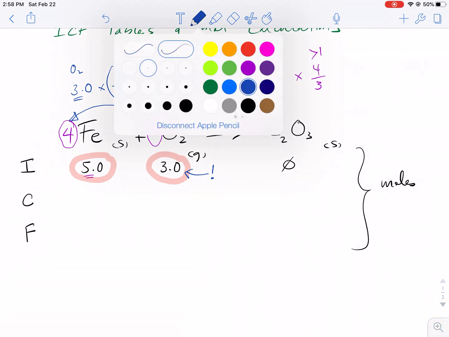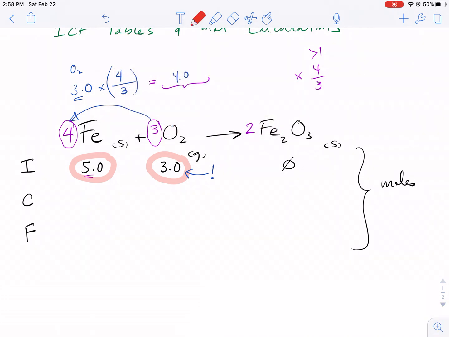So now I can start to fill out my table. Your change line, since oxygen is limiting now, and you have more than enough iron, you need 4 moles of iron, and you have 5 moles, so you have more than enough. So put a -3, because the change line, as I mentioned in the other video, has to have negatives and positives.